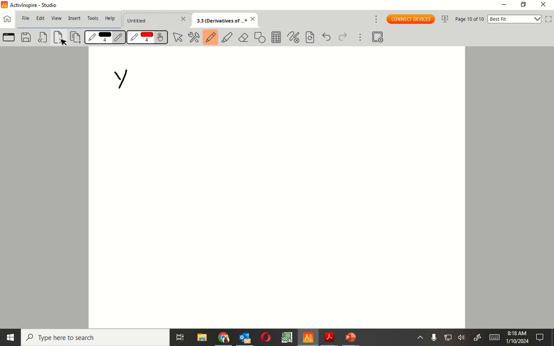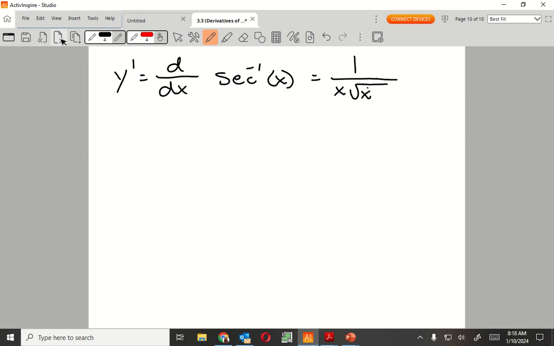So we have that y prime is equal to the derivative of secant inverse x, and that gives me 1 over x times the square root of x squared minus 1, where the absolute value of x has to be greater than 1.